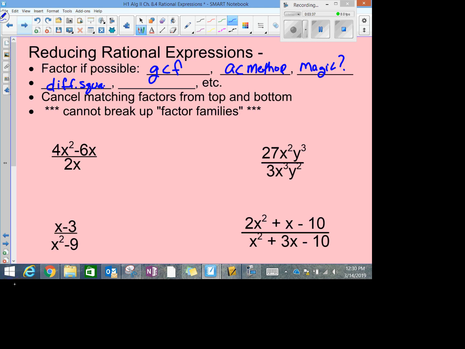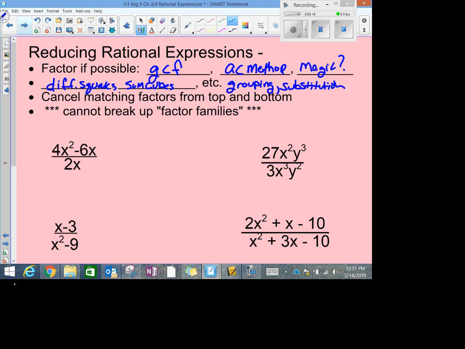It could also be any of the new ones we learned last chapter, like sum of cubes, grouping, and substitution. But honestly, we're going to use more of the quadratic ones that we did. So in today's lesson, it's going to be more GCF, AC method, and grouping.